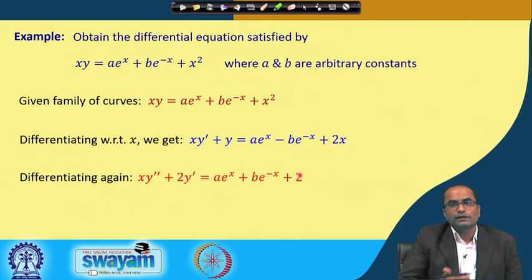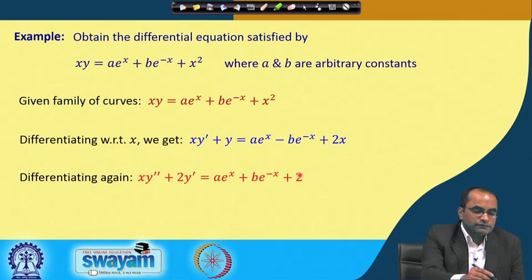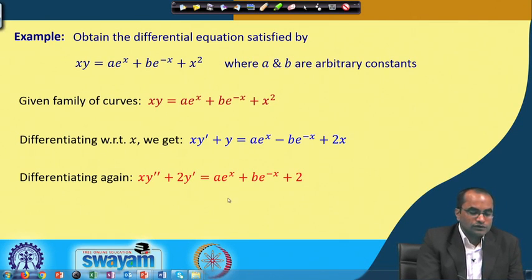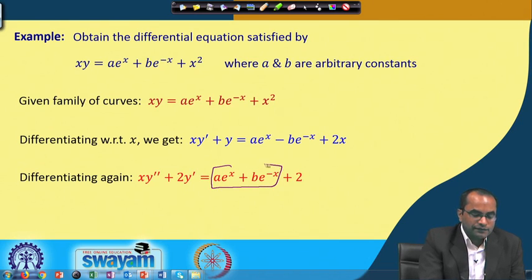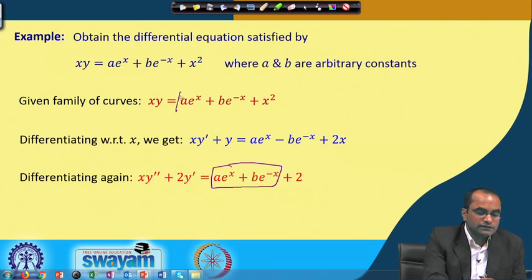Now we have already differentiated 2 times, and we want to eliminate these constants. What do we see here? That a e power x plus b e power minus x is also there in the given relation.